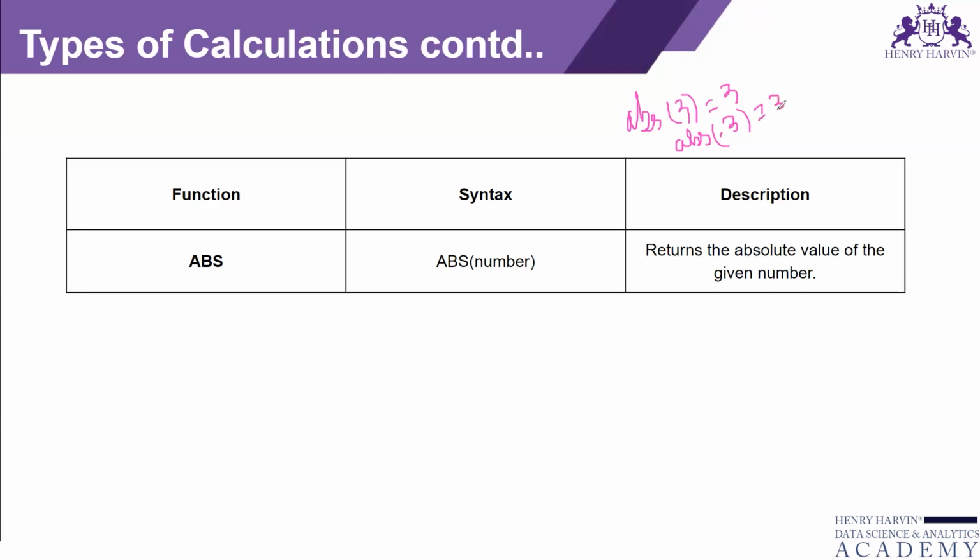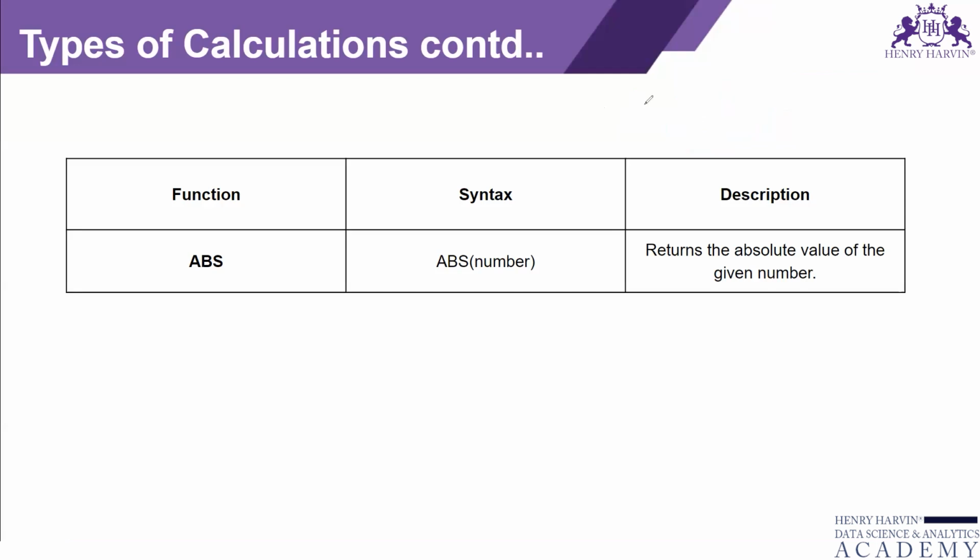The absolute function returns the absolute value of a given number: if you pass a positive number, you get the same number; if you pass a negative number, you get the positive of that number. That is the use of the absolute function.